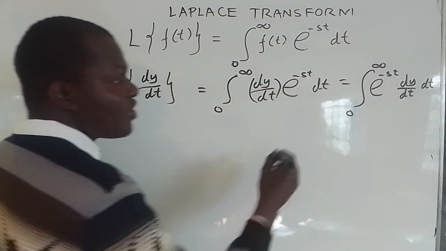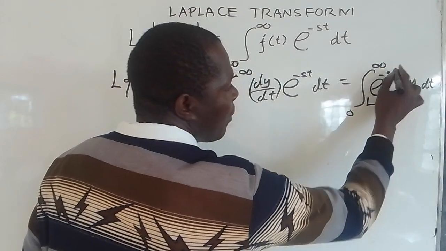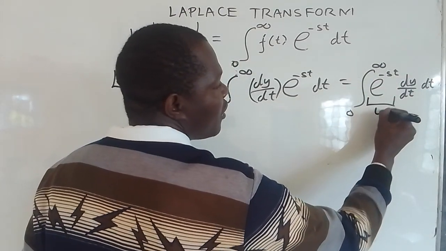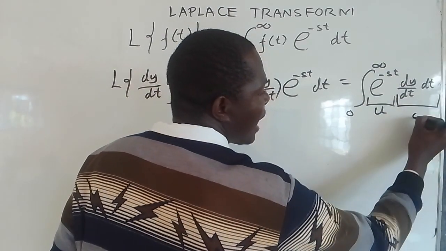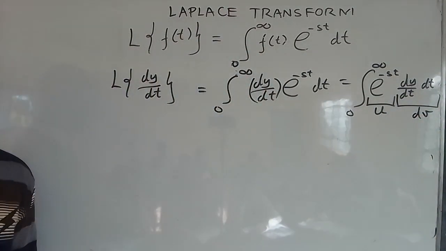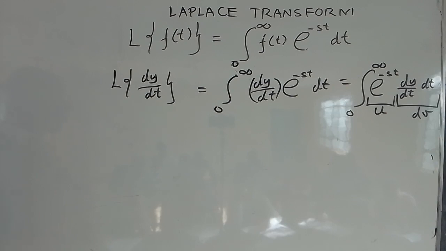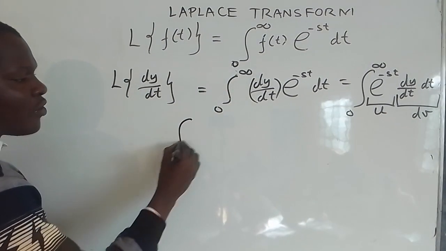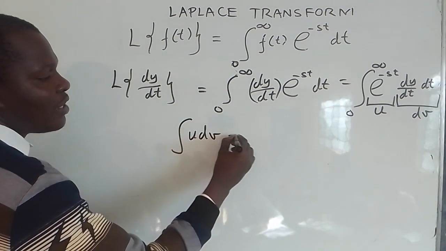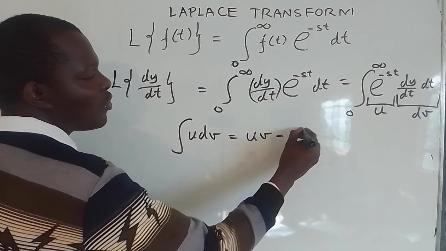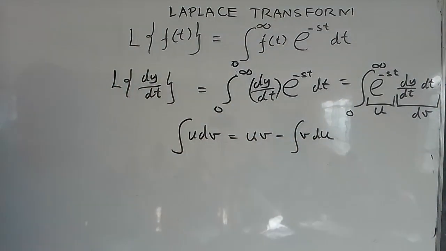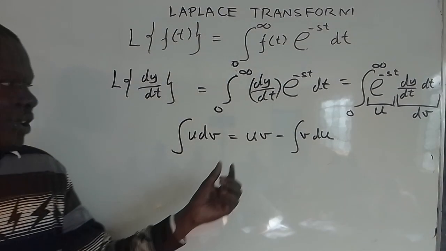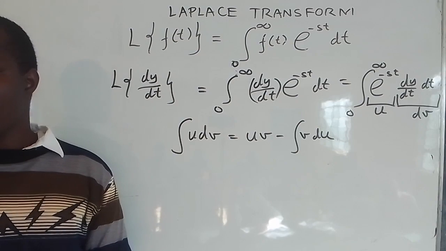So if this is integration by parts, our exponential negative st will be u, and the other part becomes dv, isn't it? And you know very well that when you integrate u dv, you get uv minus the integral of v du, isn't it? So the task here is to find uv and du.